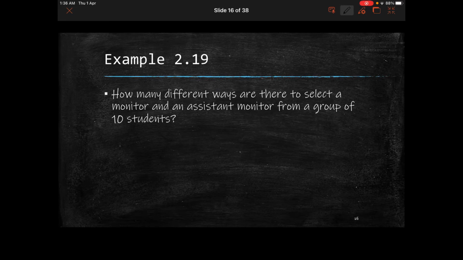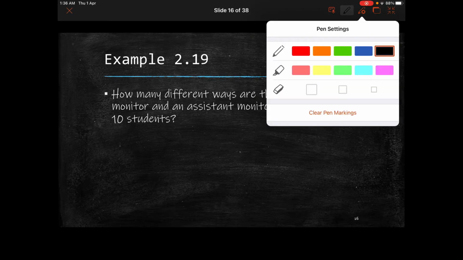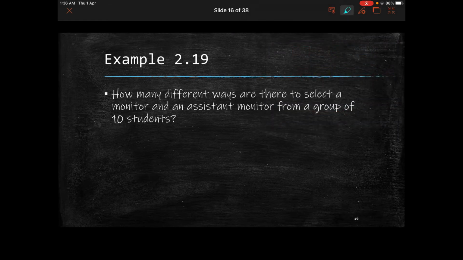Here is the example. How many different ways are there to select a monitor and an assistant monitor from a group of 10 students? In this case, we identify n equals 10 and r equals 2 because you have to select a monitor and also an assistant.